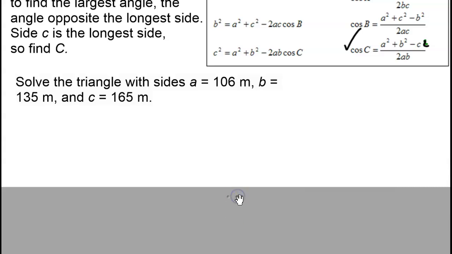So let's go ahead and plug this in. We're looking for cosine C, because we're trying to complete the triangle.